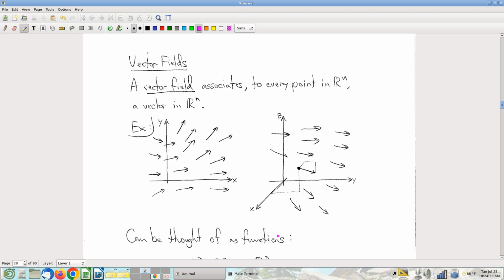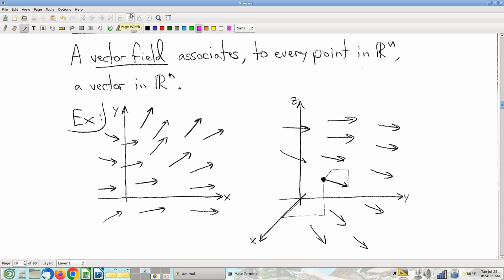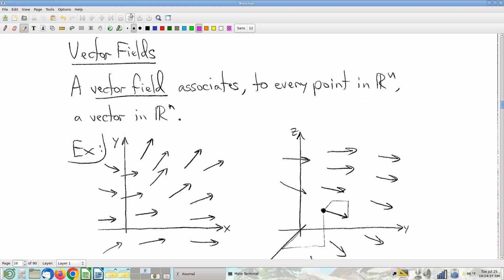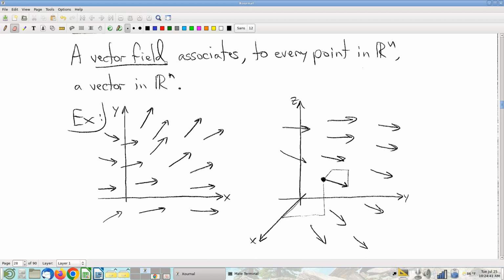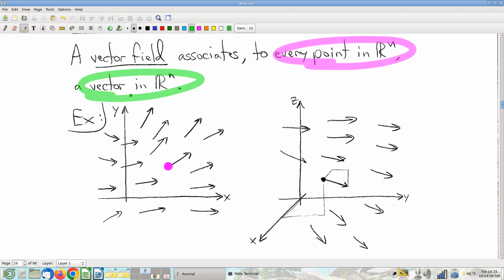First thing we need to do is define a new mathematical object, something called a vector field. And I'm going to start by drawing pictures of it. The big idea of a vector field is that for every point in space, we're going to assign a corresponding vector.